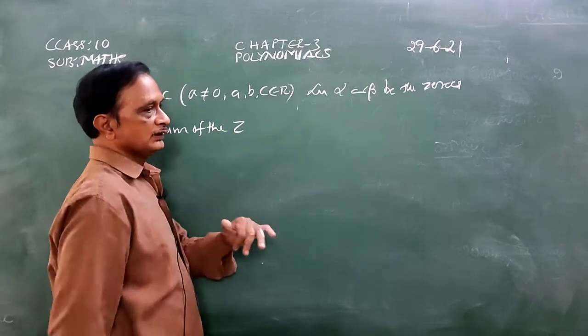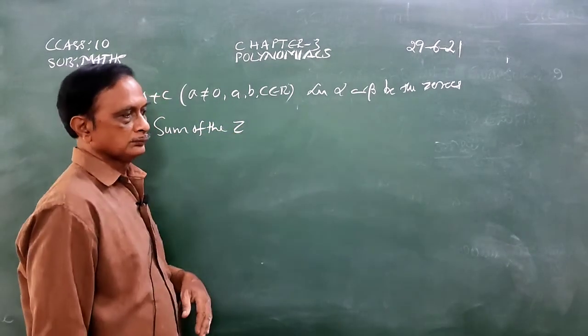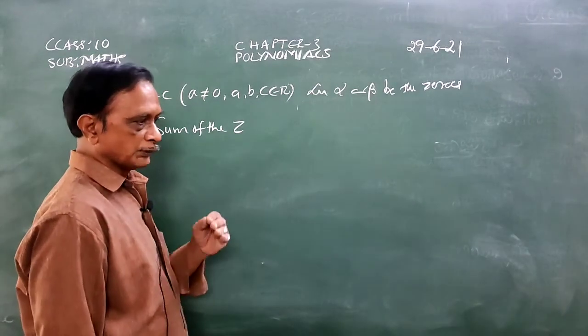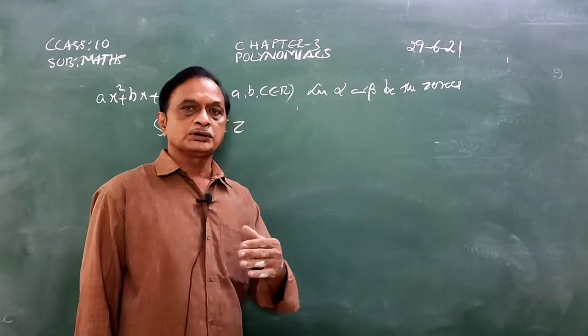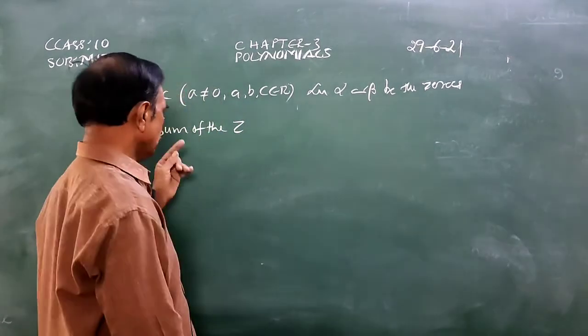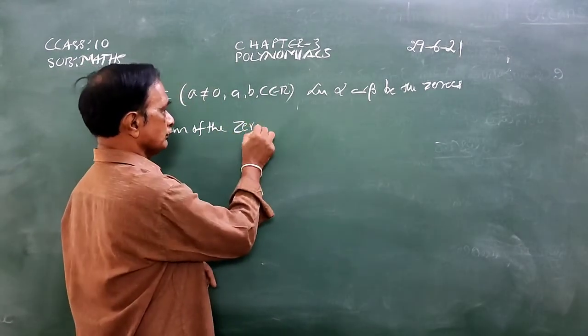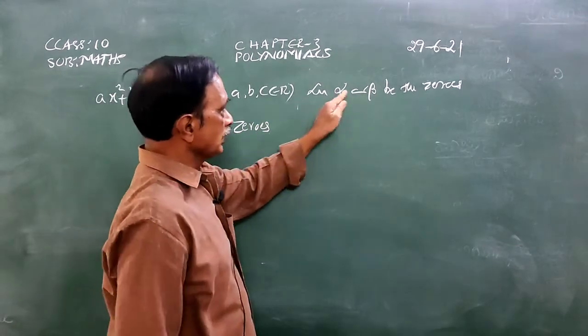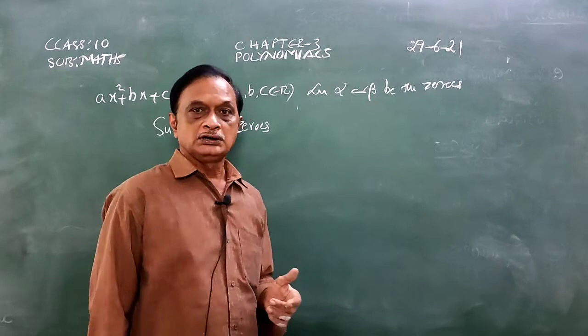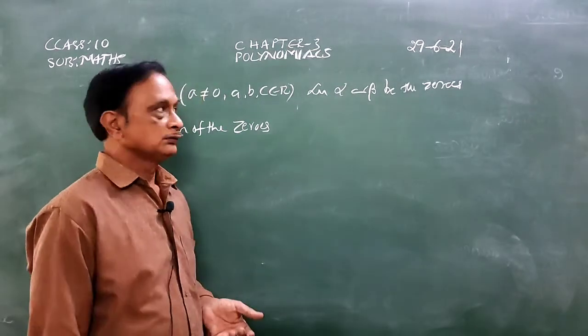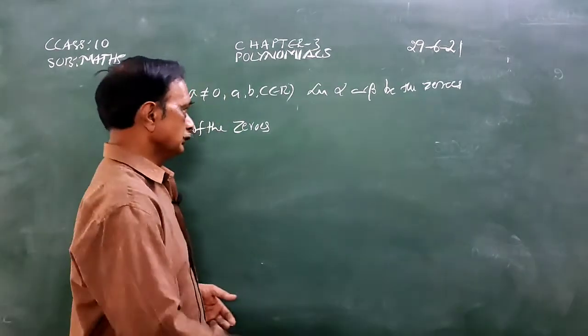So we verified that the sum of the zeros equals minus coefficient of x by coefficient of x square, and the product of the zeros equals constant by coefficient of x square. Here alpha and beta are Greek letters, and we will get another symbol, gamma, in the coming videos.